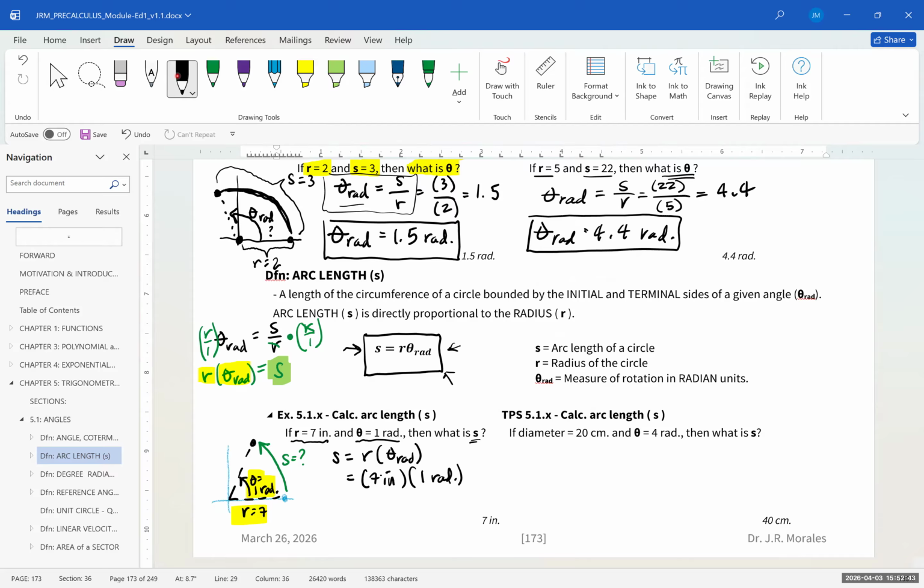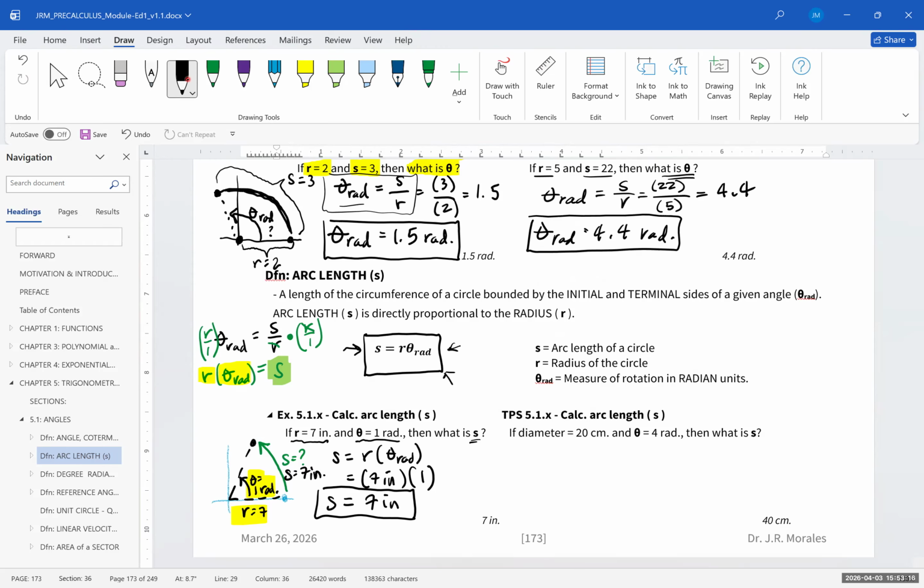When you do this calculation, you have to have the angle in radians. You can't have it in degrees. It won't work out otherwise. So our arc length is 7 inches times 1, or just 7 inches. This was a pretty straightforward example.